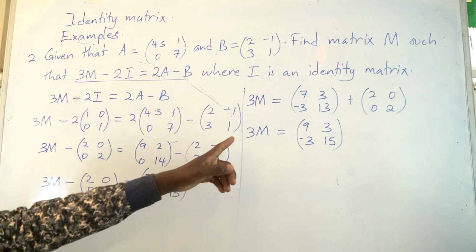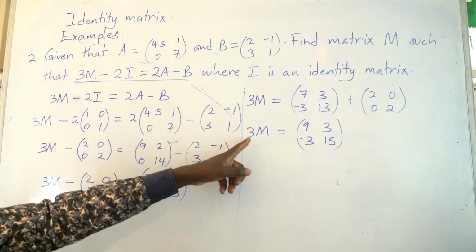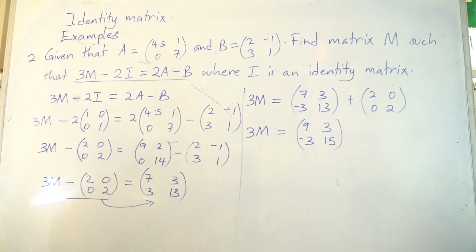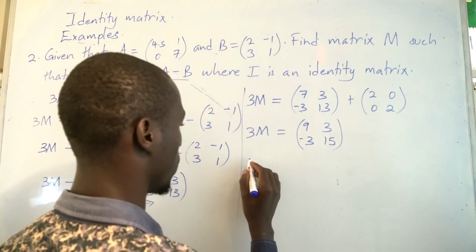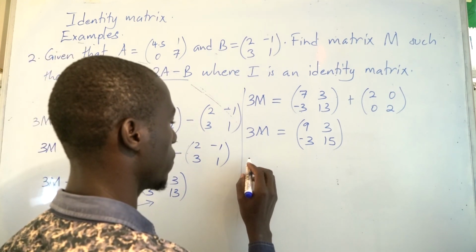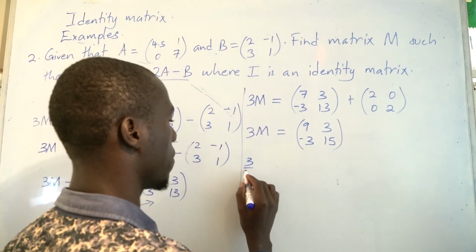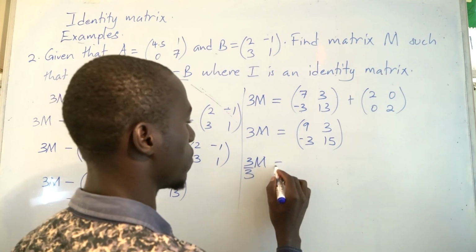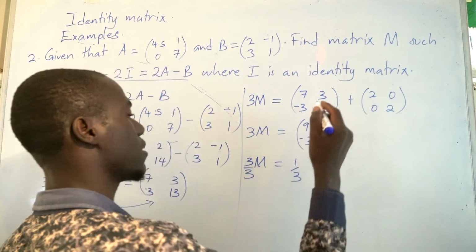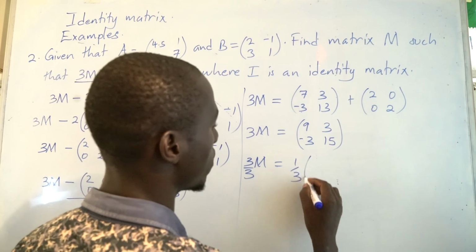Now, since the 3 is a scalar, I'm allowed to divide both sides of the equation. So 3 divided by 3, and when I divide the other side, it is going to become a third.